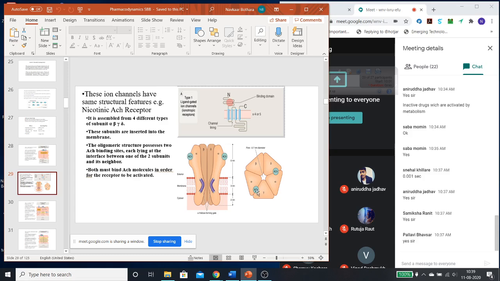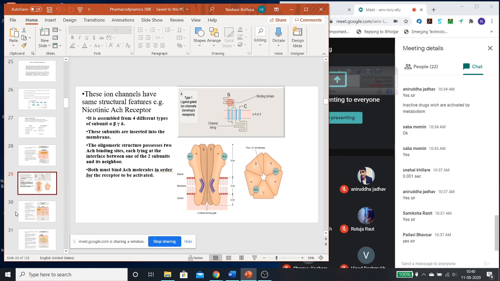So when acetylcholine binds with that, it will cause opening of the receptor, and the pore size becomes bigger, you can see pore 0.7 nanometer diameter. So that will open so it can easily cause passage of ions which were otherwise not transported. This is how the acetylcholine receptor causes immediate action.